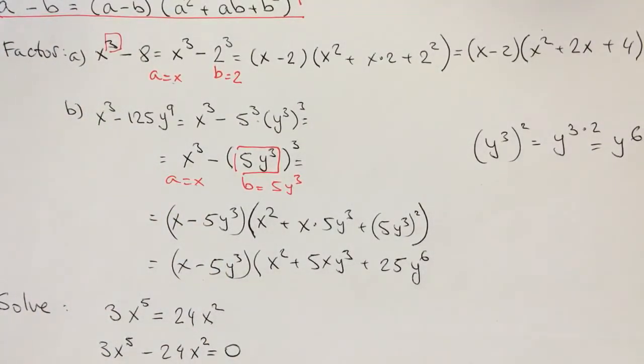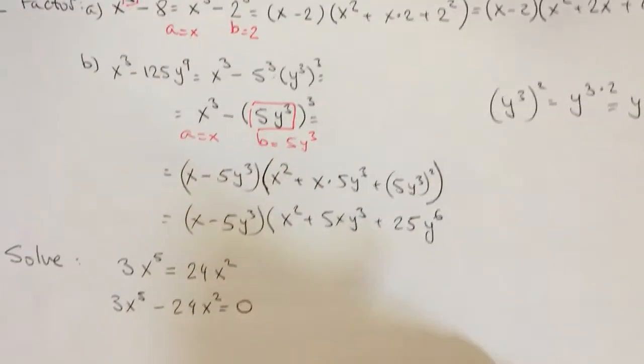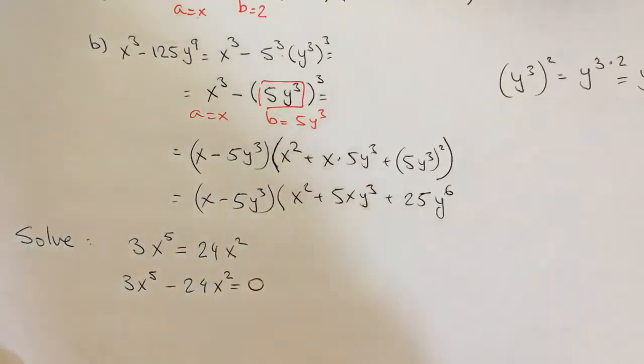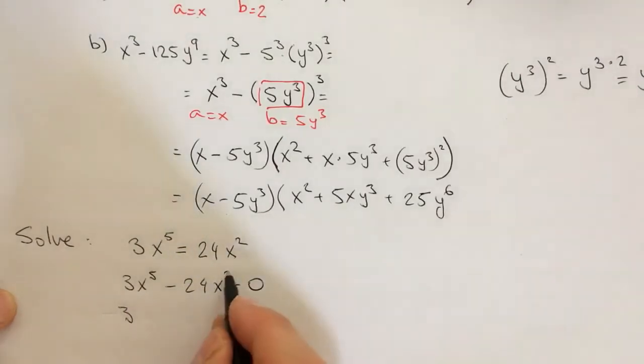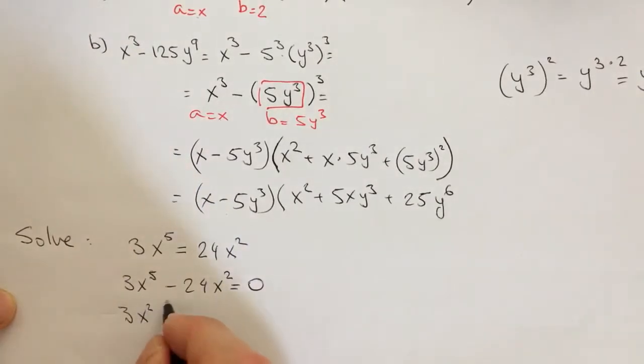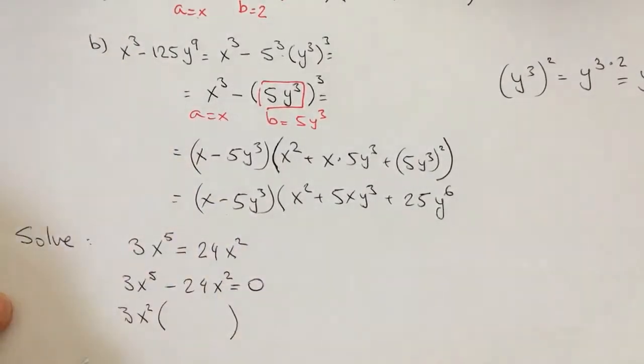Now always remember that first we have to factor out the common factors. So what is going to be the common factor? The constant 3 is a common factor, so I can factor out that one because 3 is divisible by 3 and 24 is divisible by 3. And now I have x squared as the greatest common factor, so I also factor out x squared. What do I have in parentheses? With what do I have to multiply x squared to get x to the power of 5?